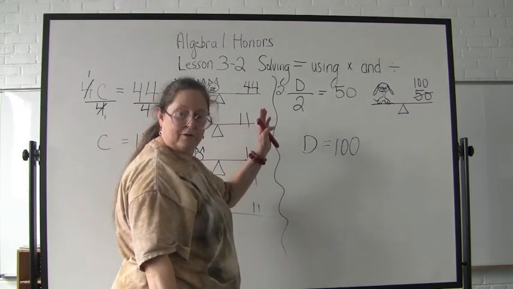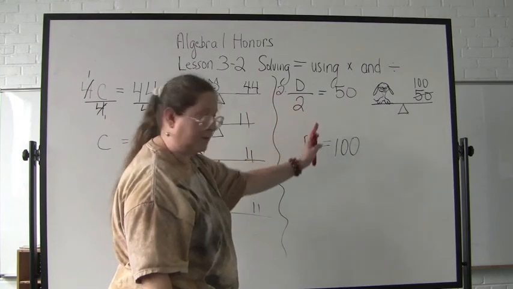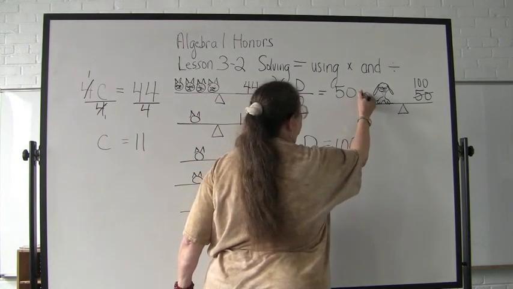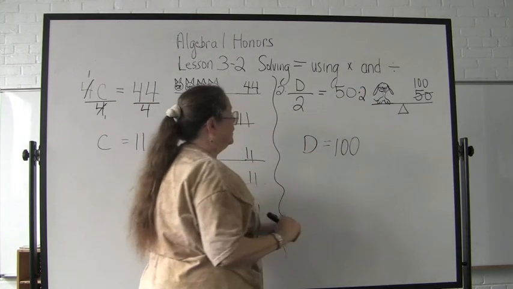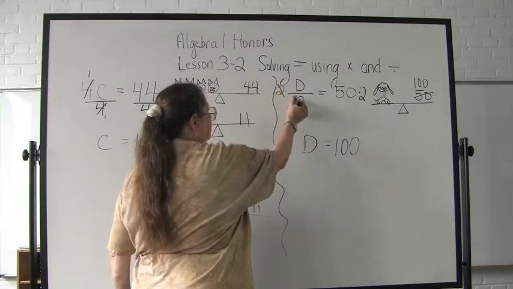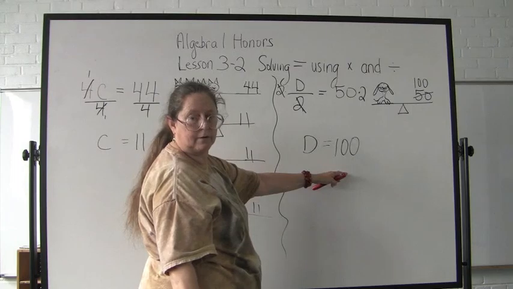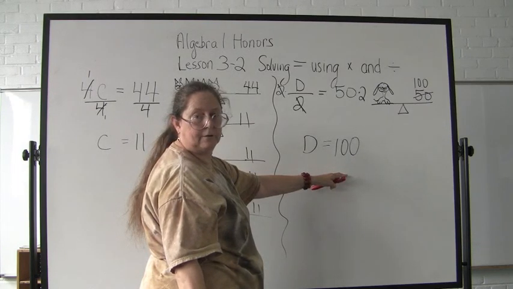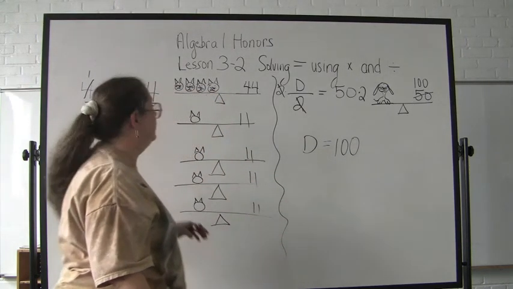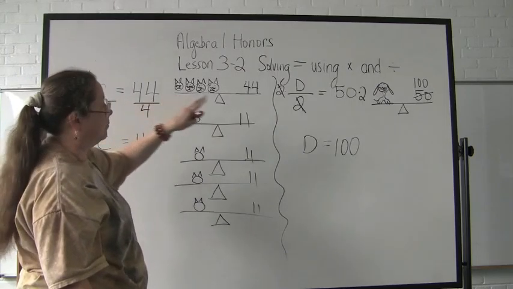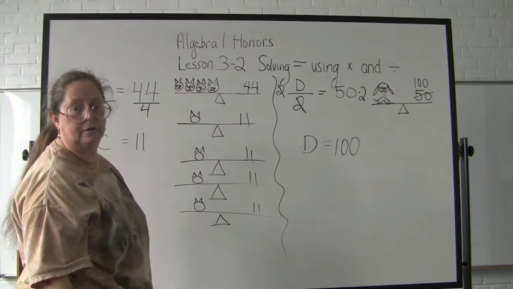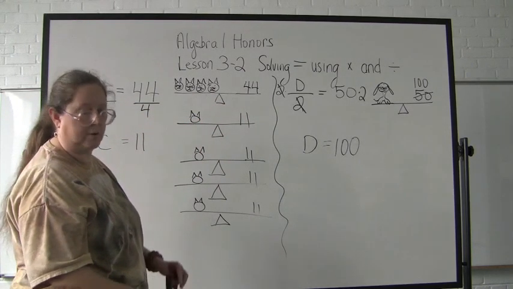If I multiply by 2 on one side, I have to multiply by 2 on the other side. And I get, these 2 cancel, and I get D is equal to 100. Okay? That's the way to think about using division over here or multiplication over there to solve an equation.